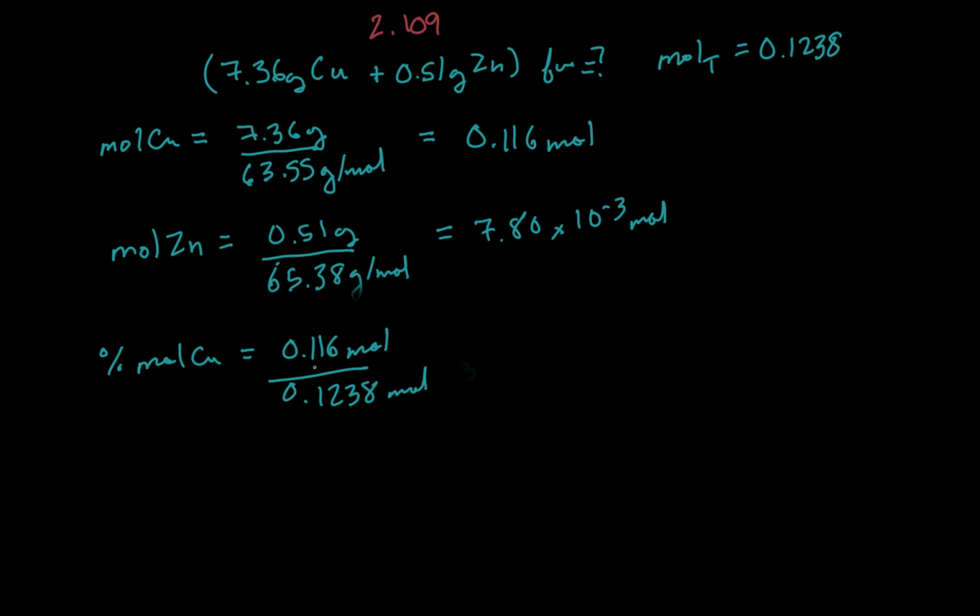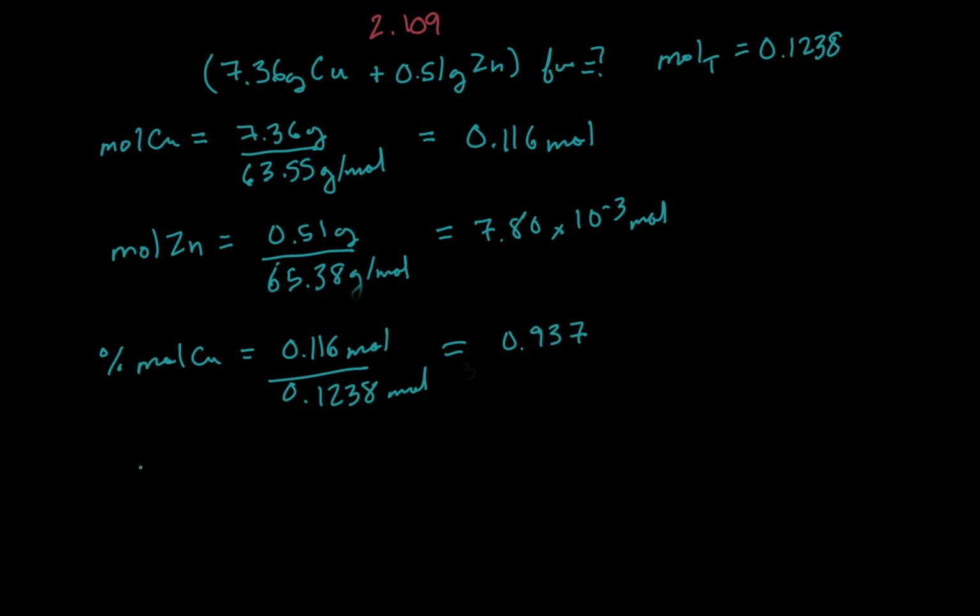We're not going to multiply this by 100 because I want this as a decimal figure to multiply the formula weights by. This gives us 0.937. Since we haven't multiplied by 100, it's out of 1.